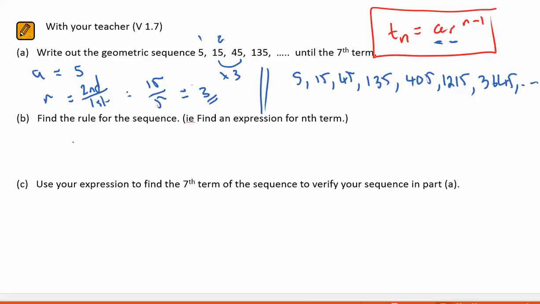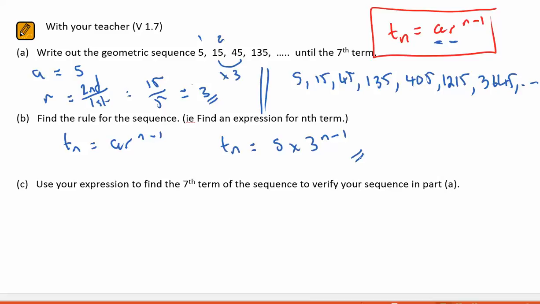The rule for the sequence, unlike the arithmetical sequence, that's as far as we can go.